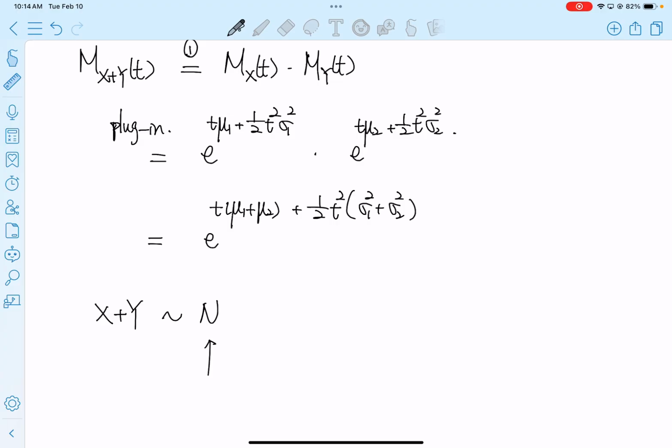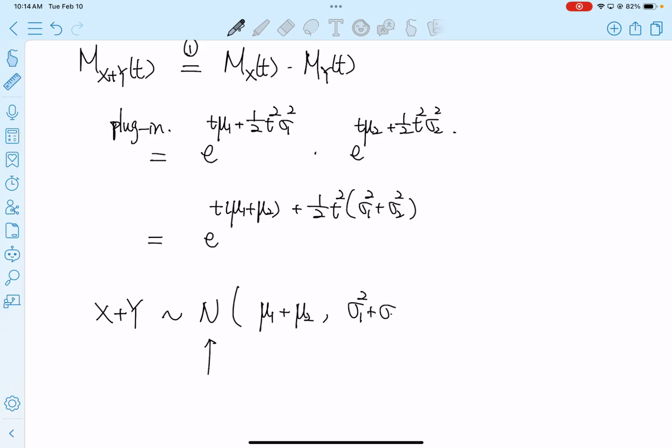By matching the moment generating function, the new mean for the sum is mu1 plus mu2, and the variance is sigma 1 squared plus sigma 2 squared.